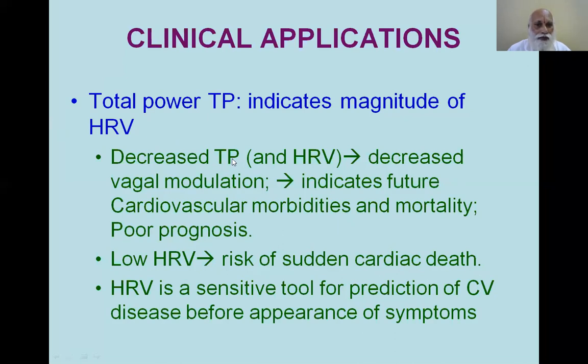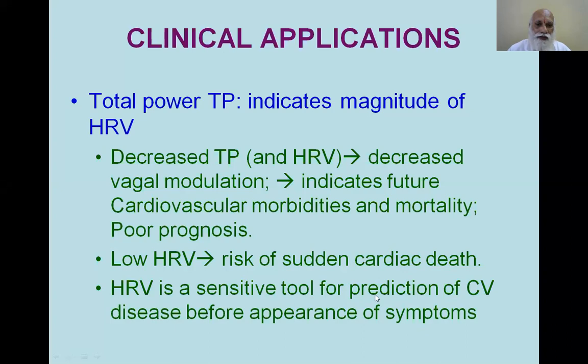If the TP is very low, then it is possible to get a sudden cardiac death. Heart rate variability is a sensitive tool for the prediction of cardiovascular disease before the symptoms appear. So even before cardiovascular symptoms appear, HRV is changed.